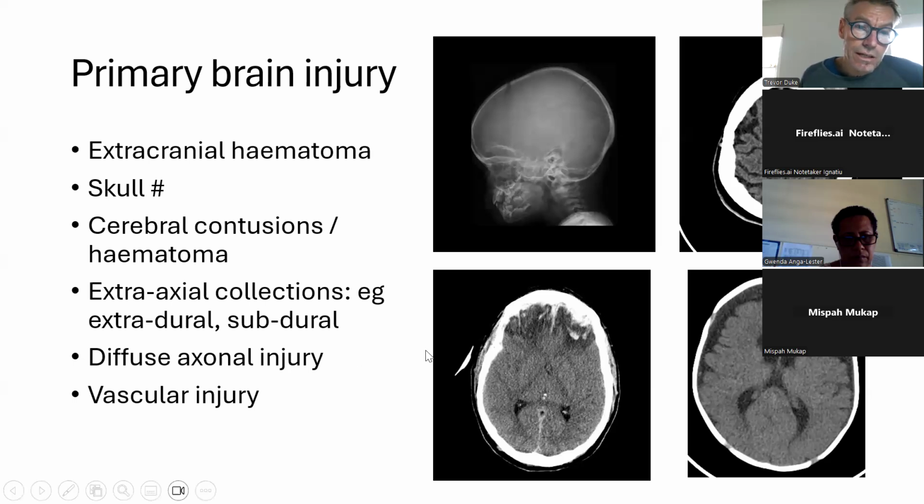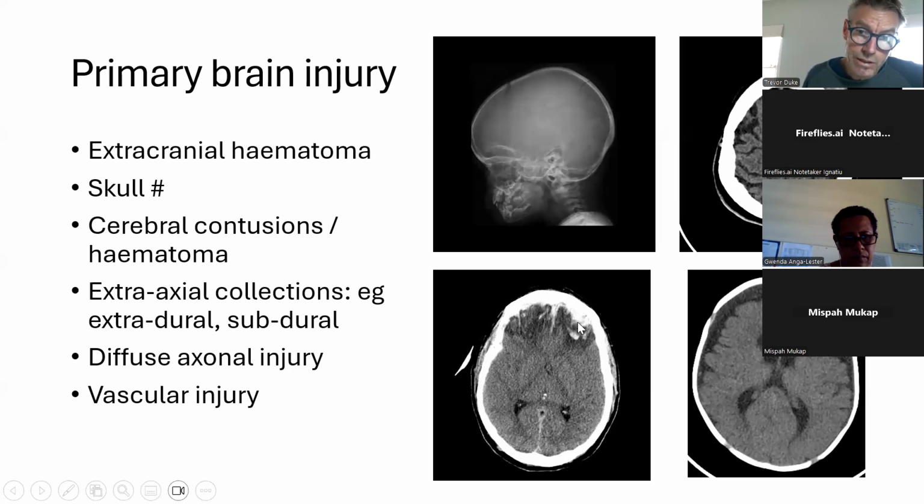Then below that, cerebral contusions, and here these are cerebral contusions with edema. Anything that's bright white is likely to be blood, and you could see in this image at the top the hyperdensity is blood within the brain substance, and you can see here the whiteness which is outside the bone is also blood.